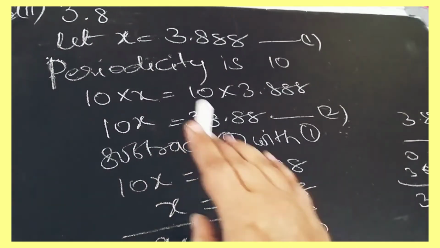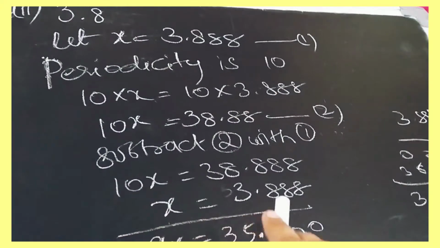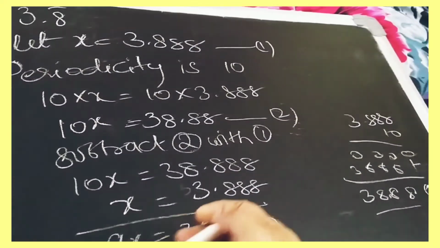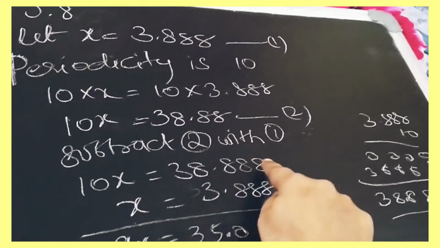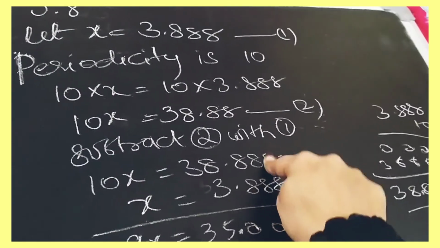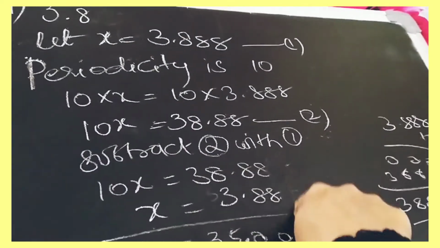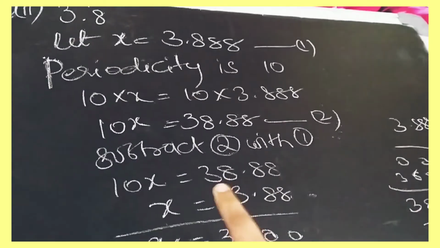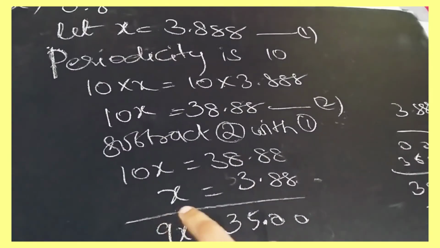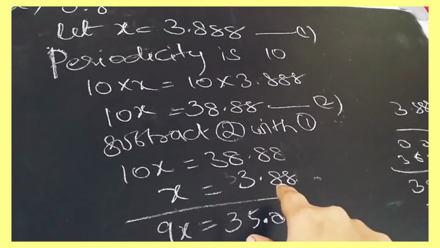Now x is equals to 3.88. It is 38.88, not here 0, so no need to take this. We'll take only 38.88. So x is equals to 3.88.